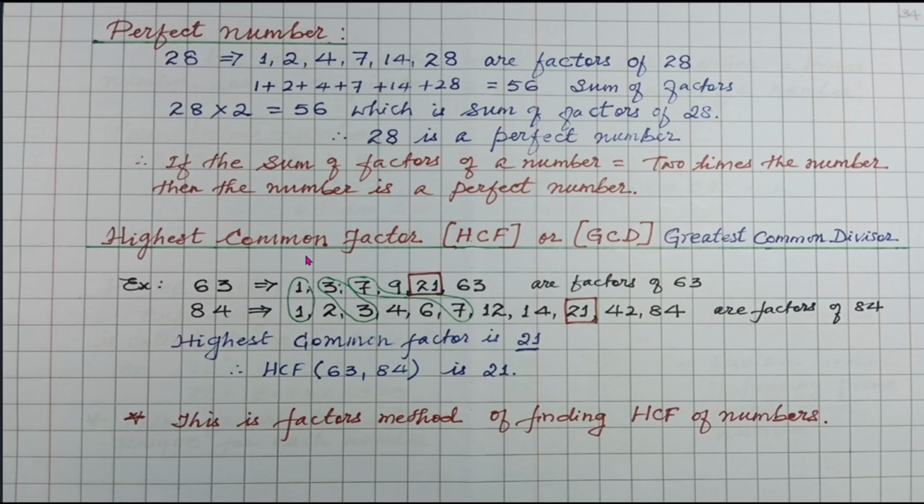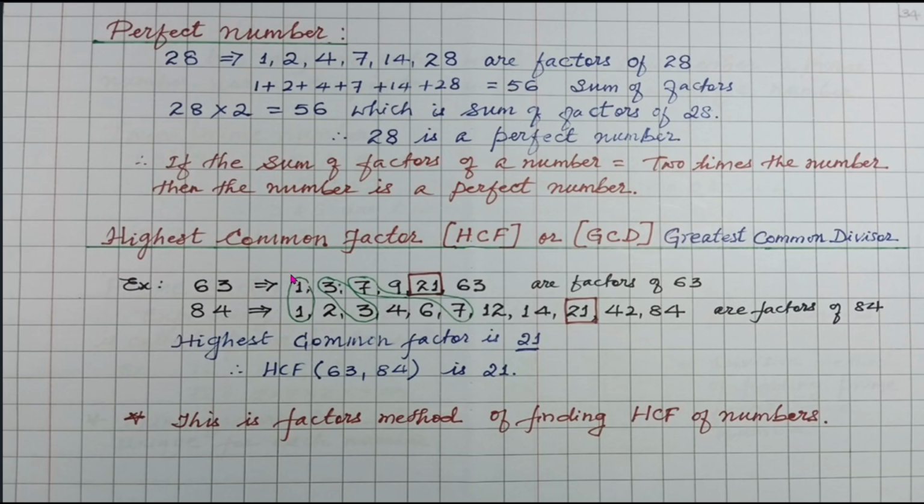Highest common factor. Now what is this highest common factor or greatest common divisor? So let us understand with an example. Now first of all, let us write the factors of 63. The factors of 63 are 1, 3, 7, 9, 21 and 63. So these are the factors. We know already what factors are. The factors of 84 are 1, 2, 3, 4, 6, 7, 12, 14, 21, 42 and 84.